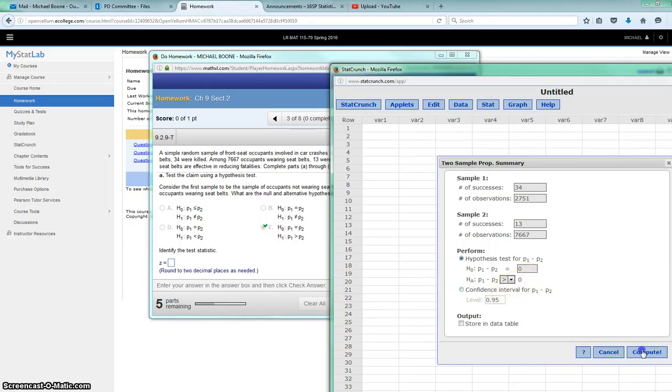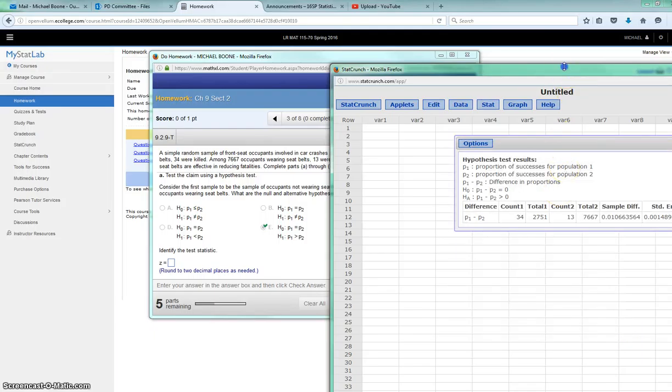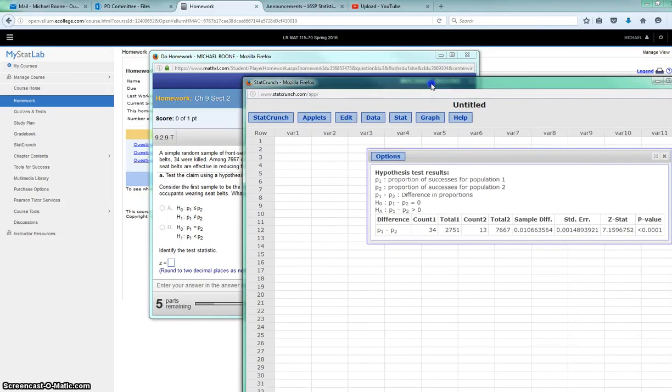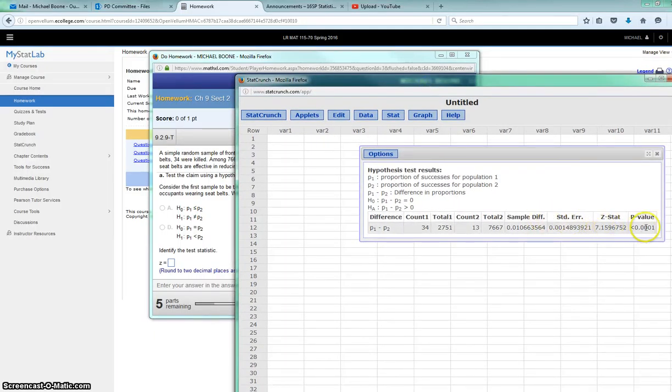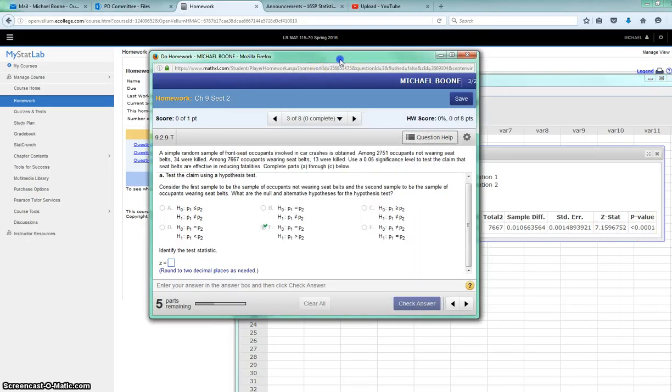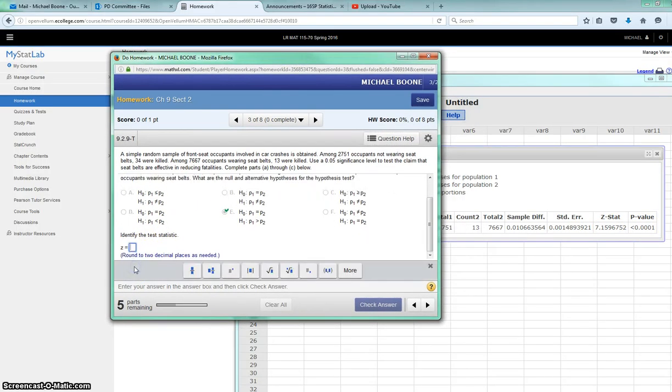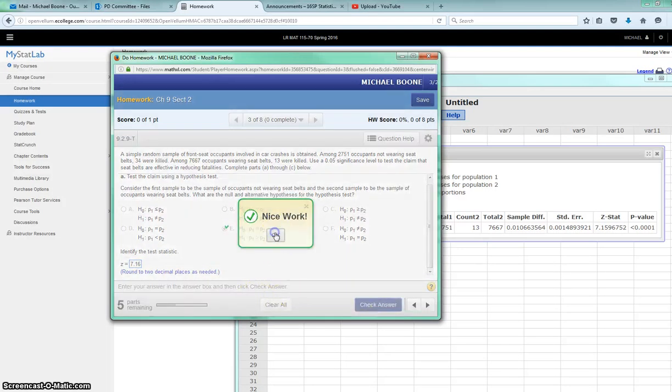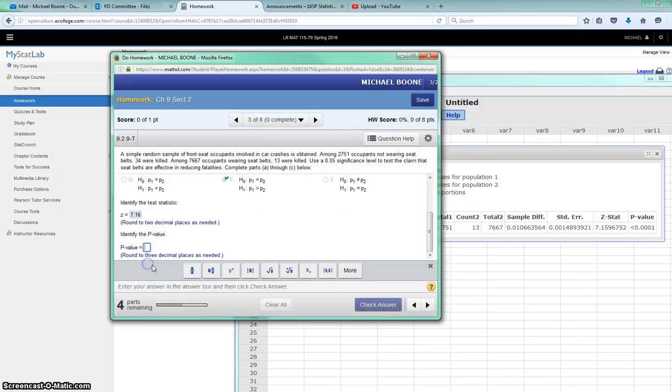And once I just put my information in, it'll spit out my test statistic and my p-value. So my test statistic is 7.16 to 2 decimal places, and my p-value is super small, just zeros to 3 decimal places.